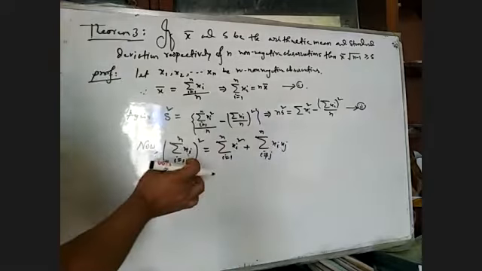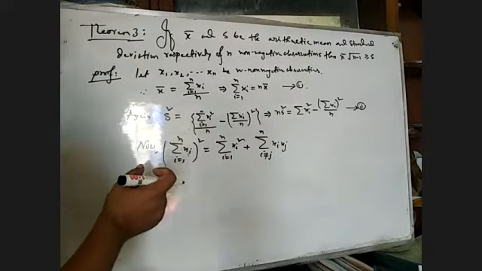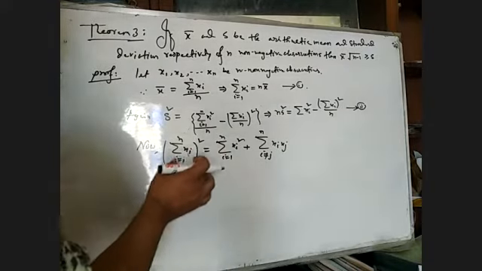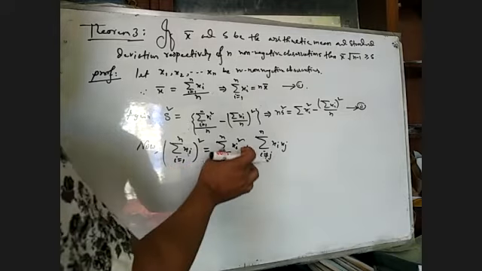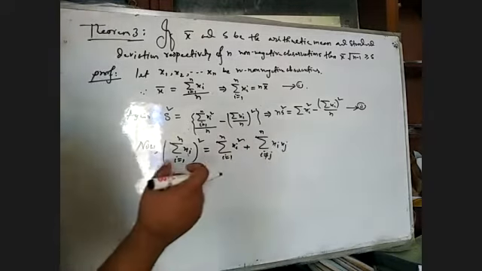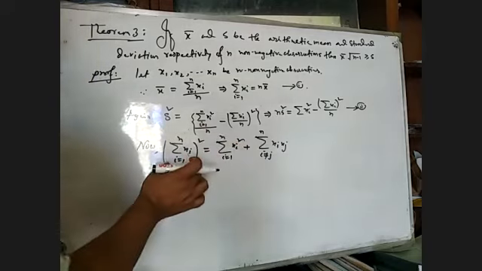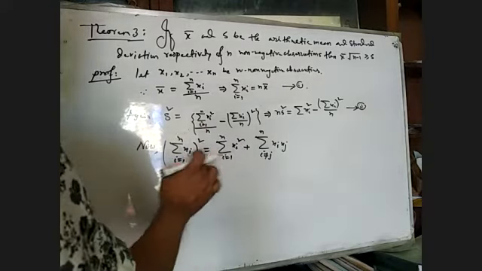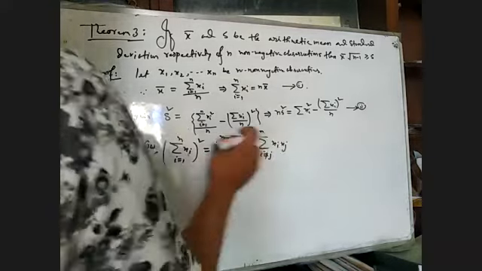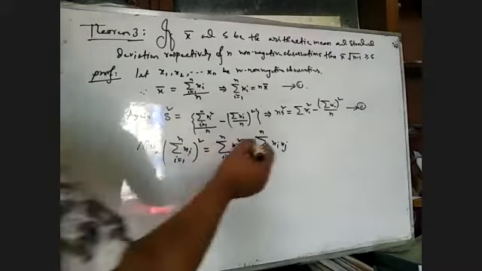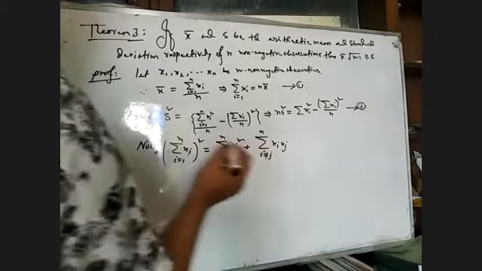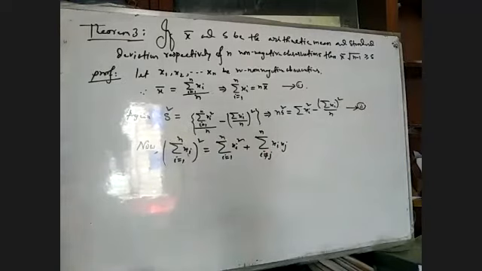That means this is the (a plus b) whole square type. The (a plus b) whole square formula is a square plus 2ab. So we can write this whole square equals individual squares plus cross terms, that means xi xj, where i is not equal to j.